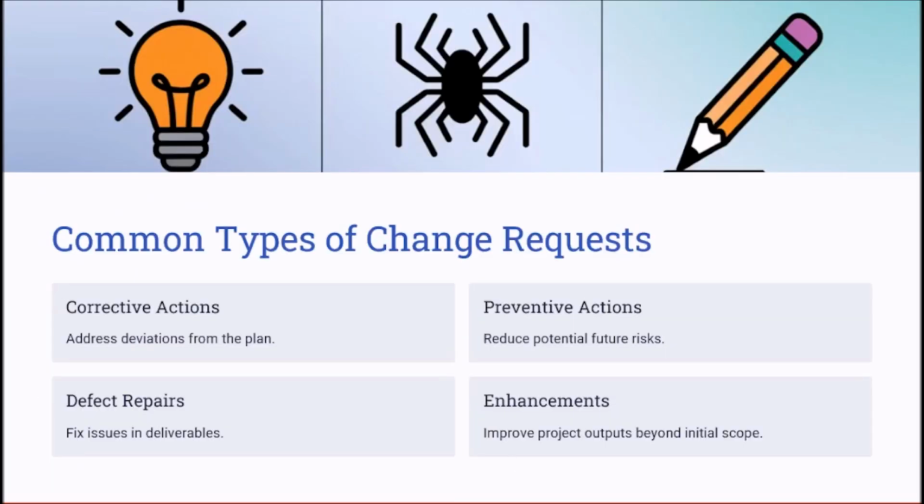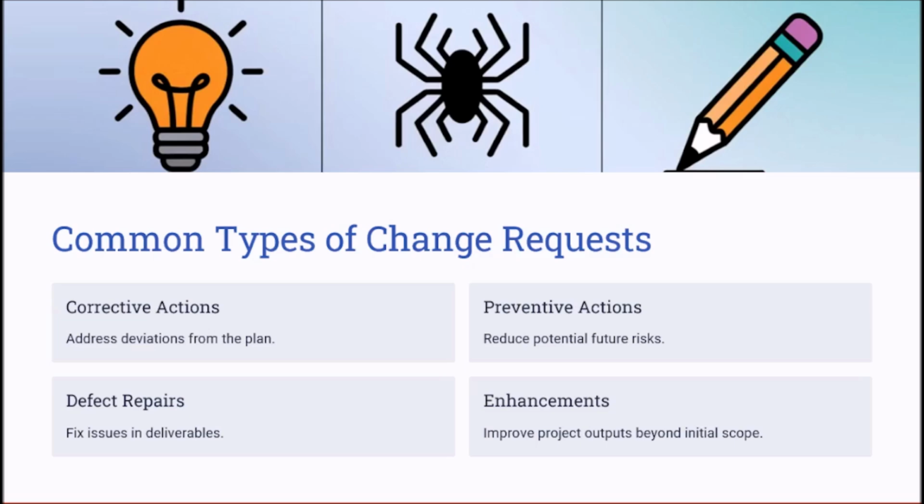Now let's look into the common types of change requests. Changes fall into 4 different categories: corrective actions, preventive actions, defect repairs, and enhancements. The corrective action addresses the deviation from the plan. Preventive action reduces potential future risks.